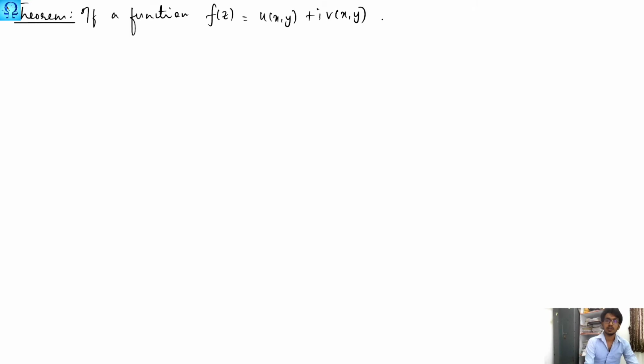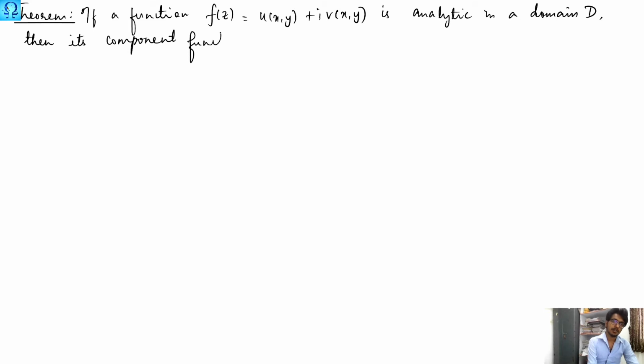So here we have a theorem, and this theorem tells us that if a function f of z, that is u of x y plus iota times v of x y, is analytic in a domain D, then its component functions u and v are harmonic in D.